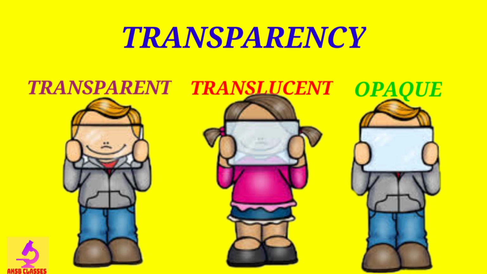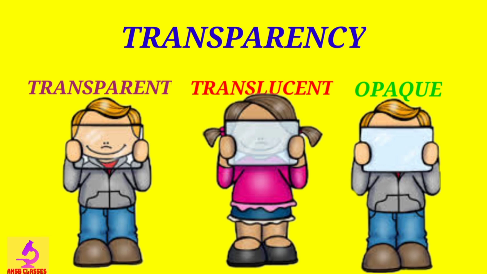In another way, we can also define transparency. If we can see our face from the other side, then it is transparent. If we can see our face from the other side but not properly, then we can say it is translucent.